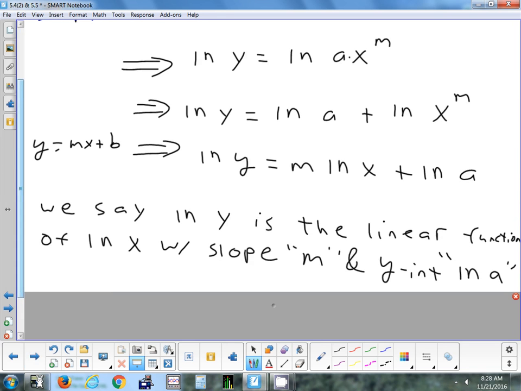It's a little weird to think about, but that's what that means. It means not y is a linear function of x. What we're saying is natural log y is a linear function of natural log x. And the slope would be m, and the y-intercept would be ln a.